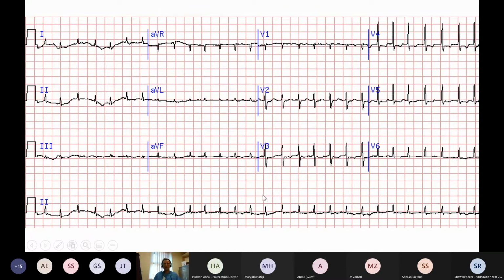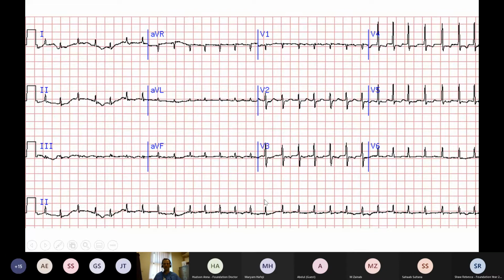Everybody thinks this is irregular, or does anybody think this is regular? So we've got Al is suggesting fast AF. Anybody think this is regular? So it's unlikely to be AF if it's regular. Look how regular this is. Yeah, Rebecca, you think it's regular. I'm glad I convinced somebody. Does everybody else have an opinion?